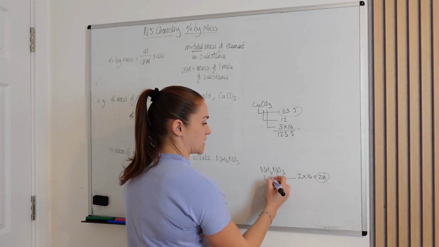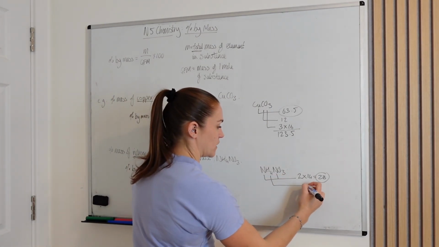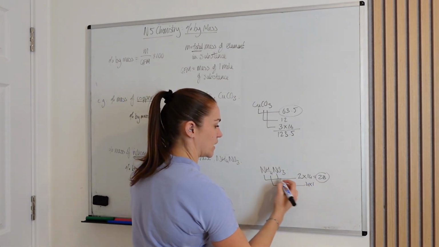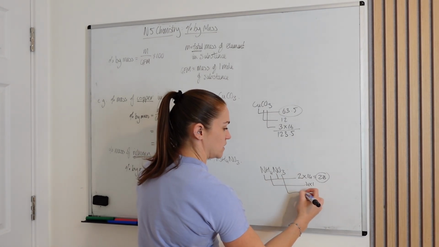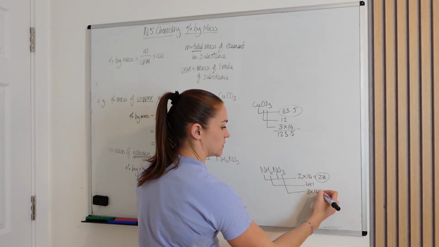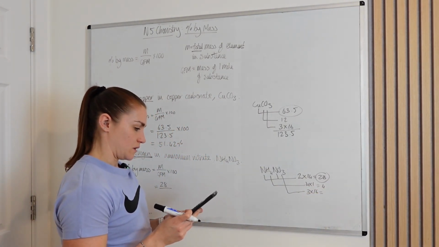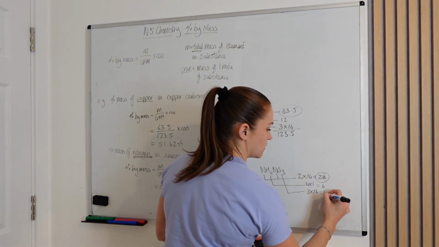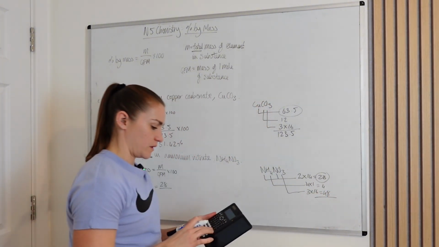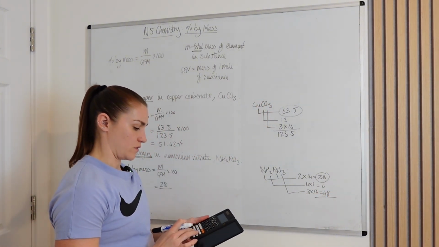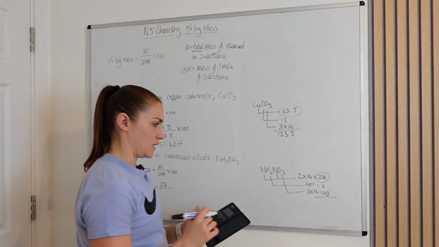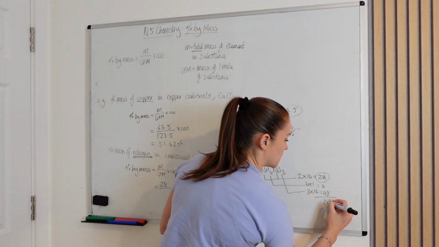And then we need to add up all the other elements for the gram formula mass. So that's 4 times 1 for the hydrogens and 3 times 16 for the oxygens. Okay, so if we add that up, 28 plus 4 plus 48, we get 80 grams.